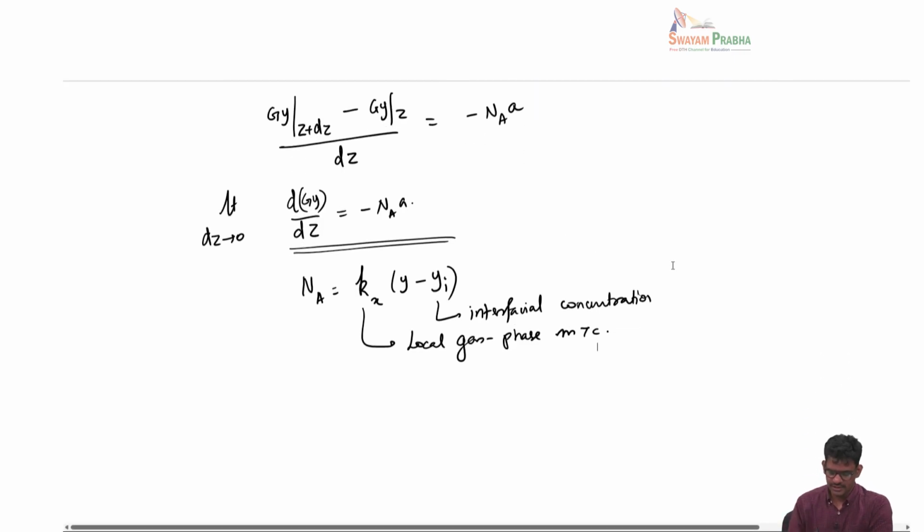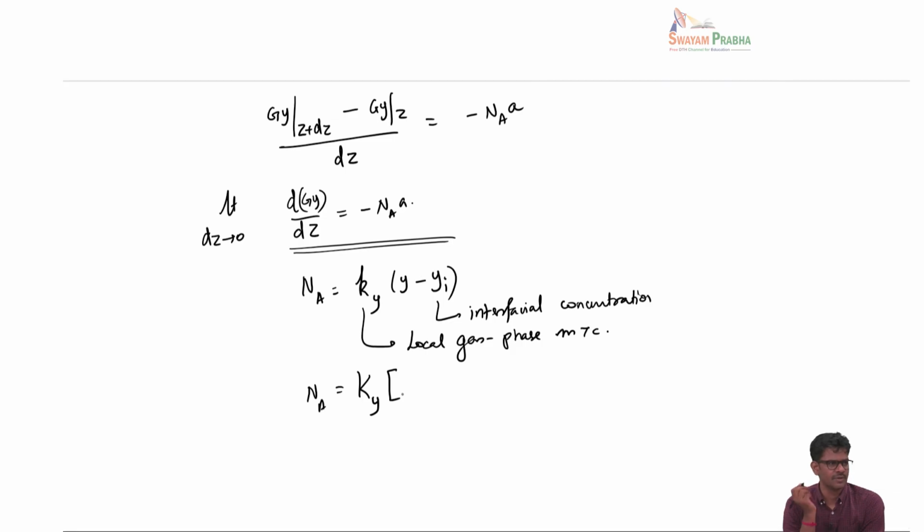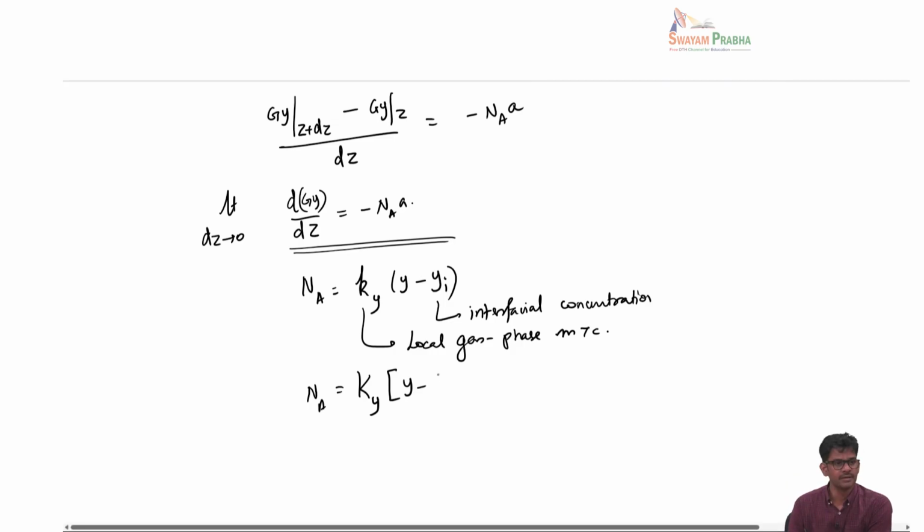And we already saw that we can replace it with an overall coefficient, capital K. Sorry, this should be K; I thought somebody would actually point this out. So it will be Ky. Now I am going to use the overall coefficient, and what should be the driving force? What is the driving force for the overall mass transfer coefficient? Y minus Y star, right?